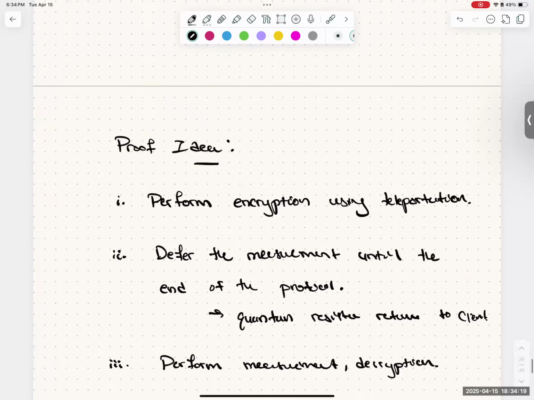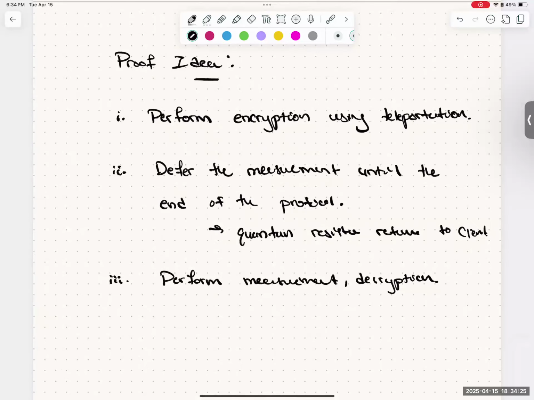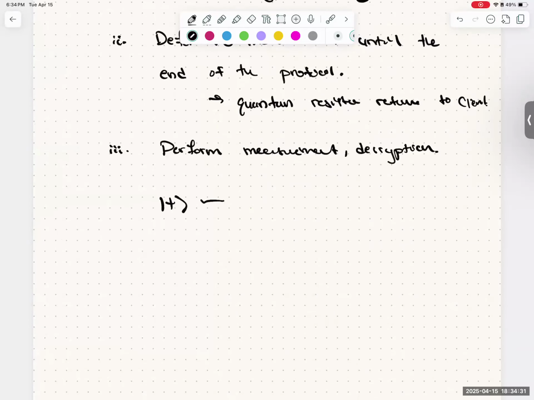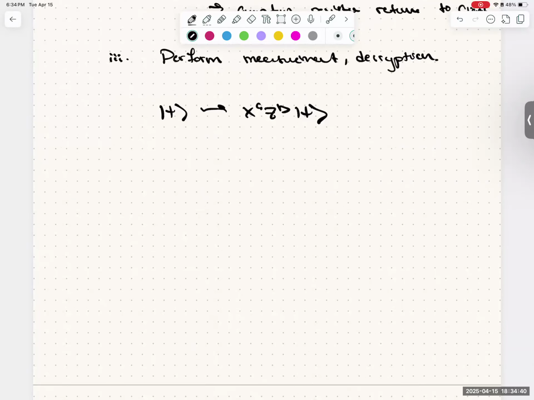Okay, so I'm just sketching this, but why is this important? The idea is the following, from what I gather. If you want to perform these encryptions, and instead implement this using teleportation and defer the measurement all the way to the end, then the server has no prior information about the actual encryption to get any information from, because you don't even know what the encryption is.